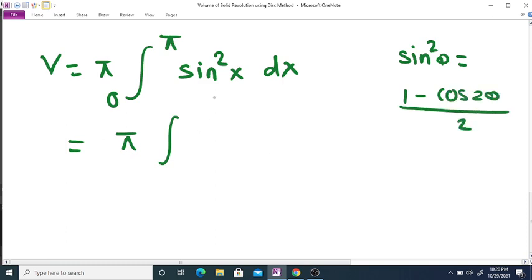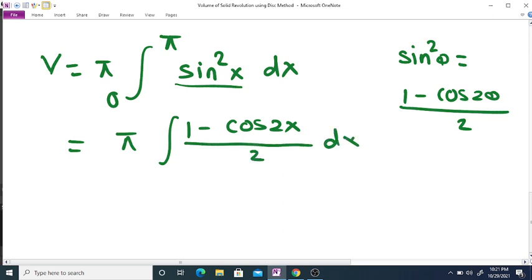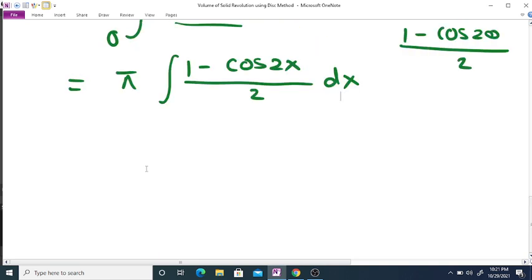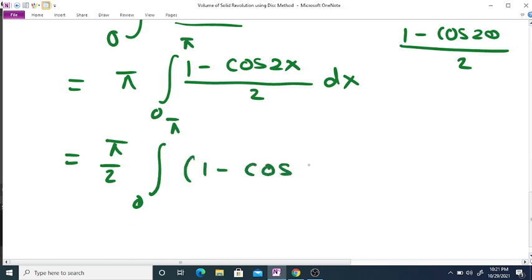Using this formula, we can write the value of sin square x as 1 minus cos twice x divided by 2, dx. So if we take 2 outside, then it is equal to pi by 2 times the integral from 0 to pi of 1 minus cos twice x dx.